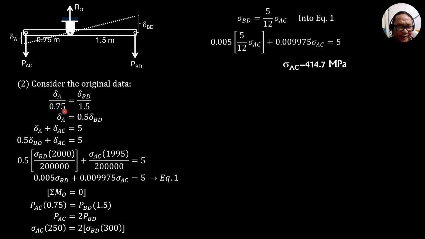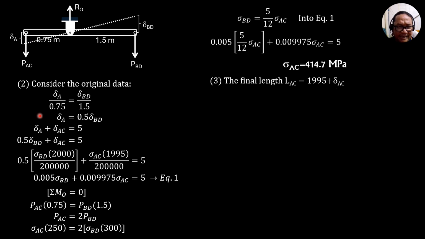Now for the final length of AC, we have to compute delta AC. So the length can now be found. The final length LAC equals 1995 plus the deformation in AC.